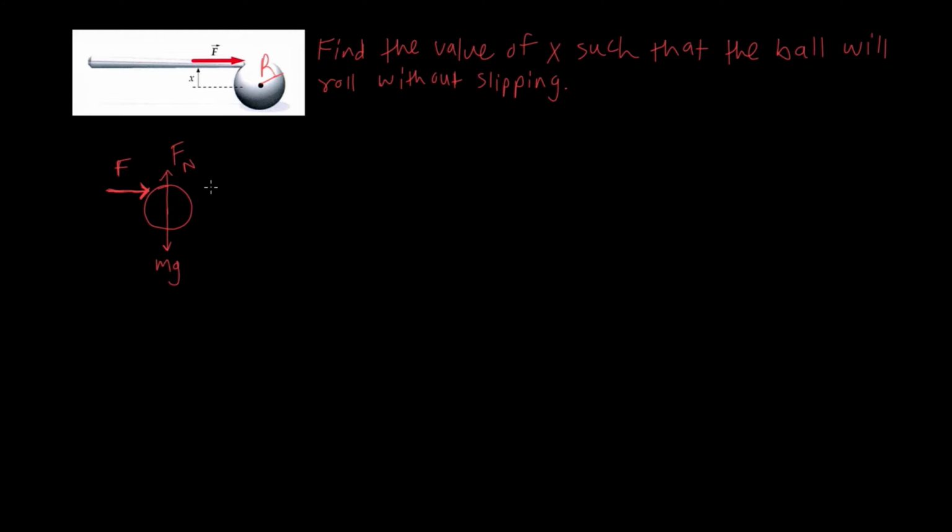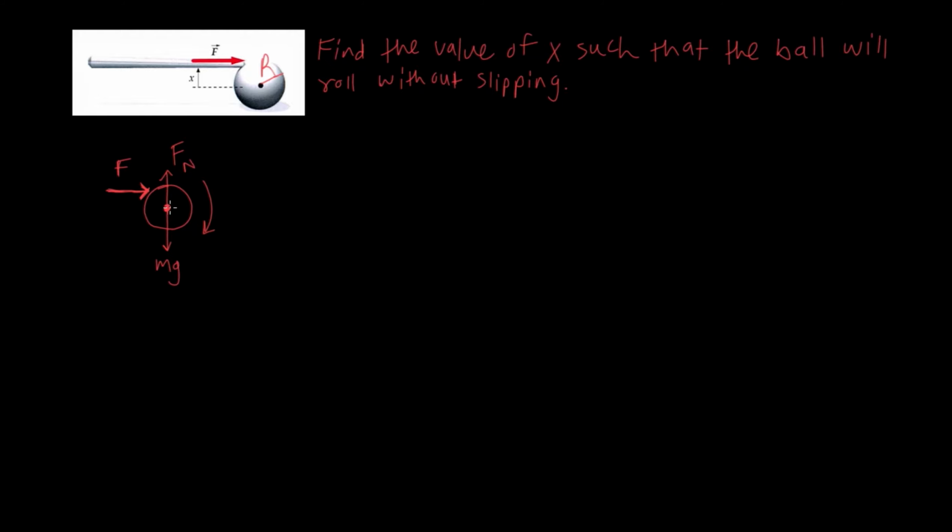So the reason why the ball rotates in the clockwise direction is because this force, capital F, the force due to the stick, is producing a force on the ball, but since the force is away from the center of mass of the ball, it's going to generate a torque, and that torque is going to cause the ball to rotate.